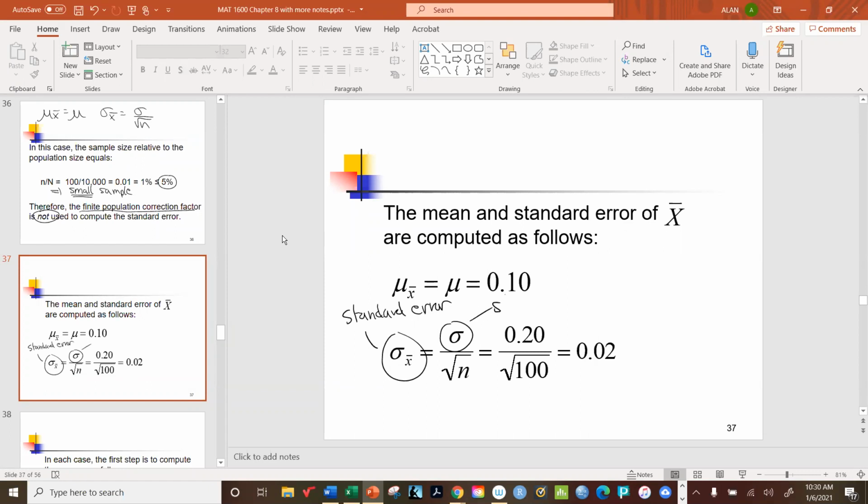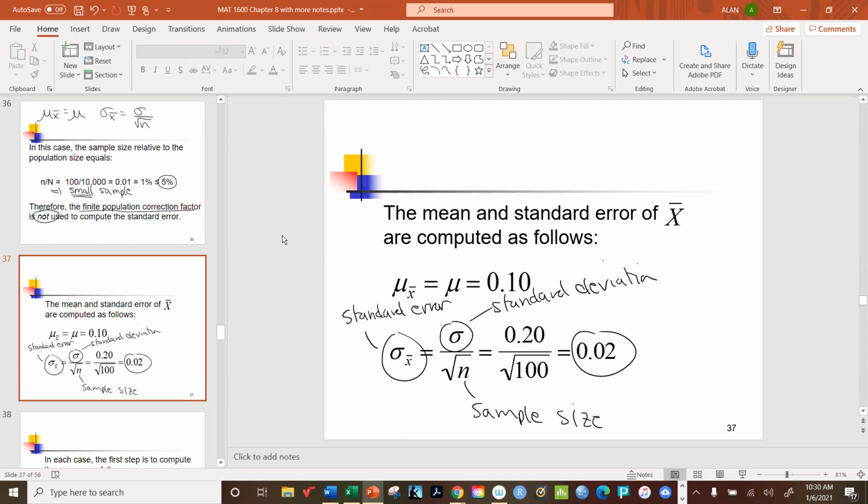This is the standard deviation of the population. And this is the sample size. Okay, so then 0.20, now remember the sample size is 100, so the standard error is 2.2 or 2%.